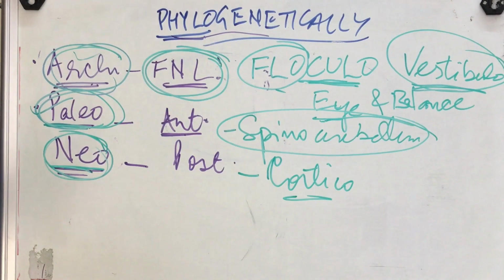Then the vermis and the paravermal or intermediate hemisphere are involved with executing a particular movement, ongoing motor execution. The remaining part, the lateral hemisphere, helps in planning, programming and coordination.